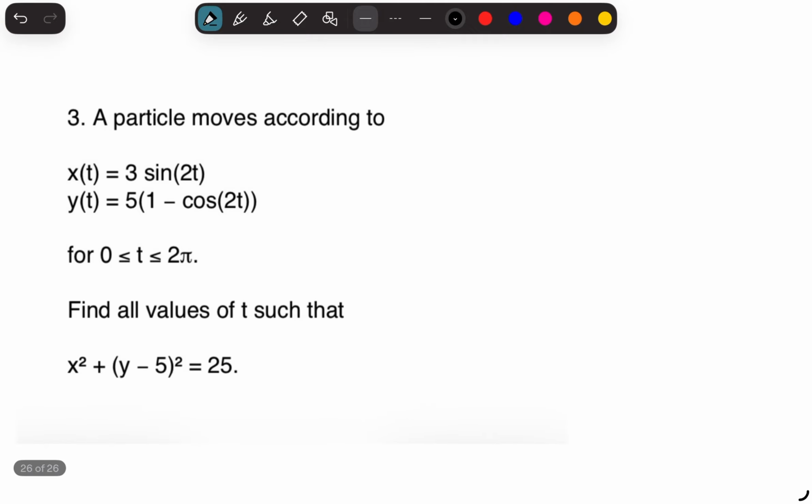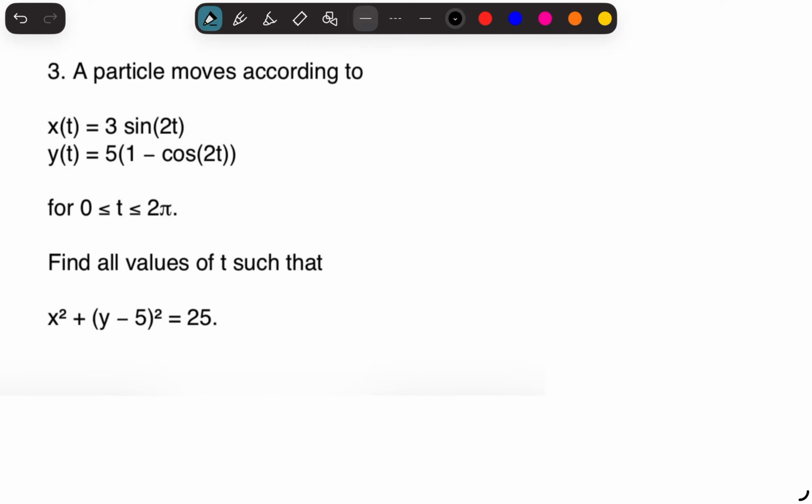A particle moves according to x of t is equal to 3 sine 2t, y of t is equal to 5 times 1 minus cosine 2t. Again, we do a similar process that we have been doing. You're going to try to match. So x squared is equal to 9 sine squared 2t.